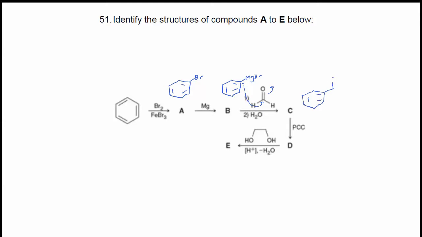And that second step of water will add the alcohol there. And PCC is going to oxidize that to the aldehyde. And then the aldehyde plus this carbon chain here, there's two alcohols, we're going to get the acetal. Any questions there?